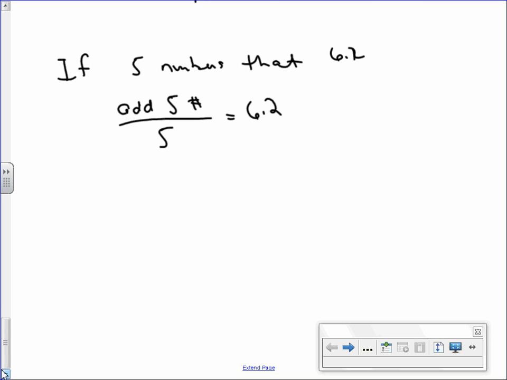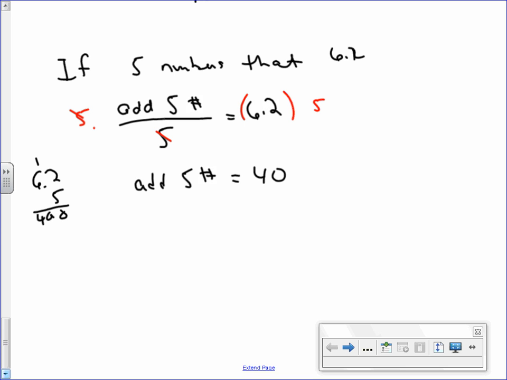And then if I want to get rid of that 5, multiply both sides times 5, then I'm going to get that if I add the 5 numbers, I get 6.2 times 5, which I forgot to do before I came over here. Sorry, and that gives me 31.